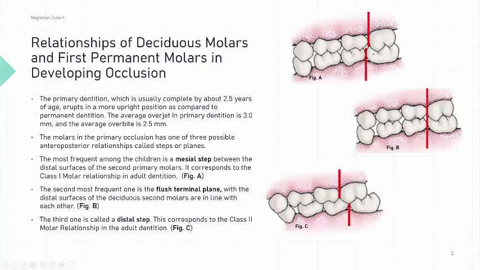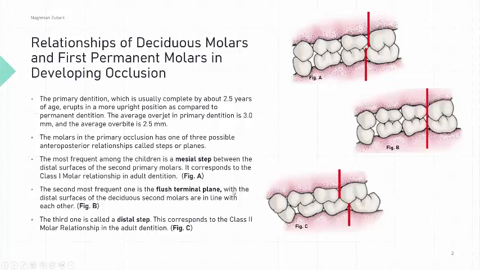Here this is the first permanent molar, and these are the second deciduous molars, upper and lower, and they look almost like the class 1 molar relationship of the permanent dentition. Then we call it mesial step.